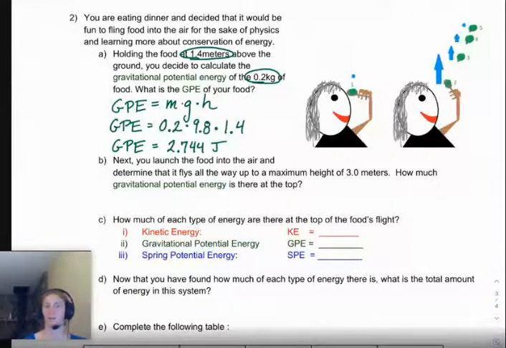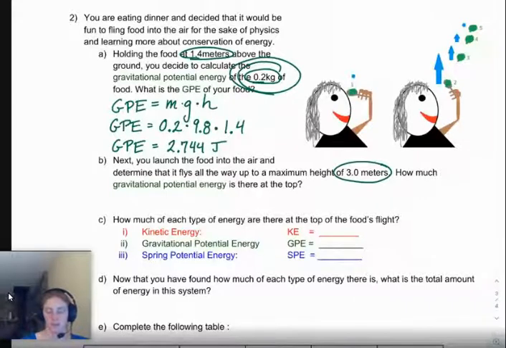So, part 2, it says next you launch the food into the air and determine that it flies all the way up to a maximum height of 3 meters. How much gravitational potential energy is there at the top? Well, the top, it's at a height of 3 meters. I still have the same mass of 0.2 kilograms, and G is also still the same.